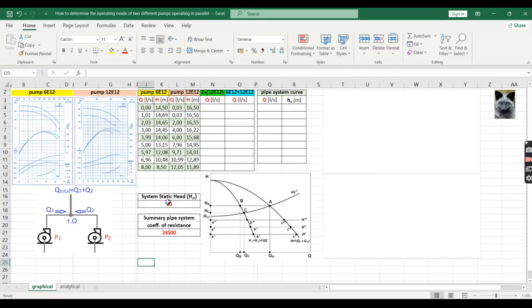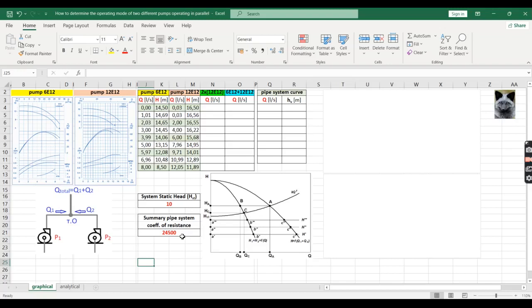Of course, the link is also given in this video content. It is found that in this certain case, the value of this coefficient is 24,500, where the dimension is seconds squared per meters to the fifth power.